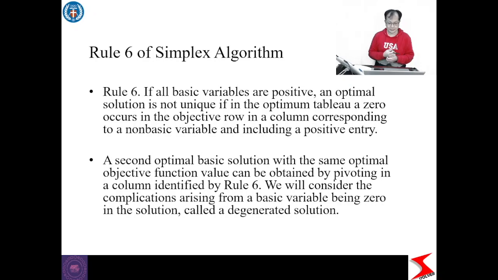The second optimum basic solution with the same optimum objective function value can be obtained by pivoting in the column identified by Rule 6. You will consider the complications arising from a basic variable being 0 in the solution, called a degenerate solution. It seems that the objective value will be the same. Okay.